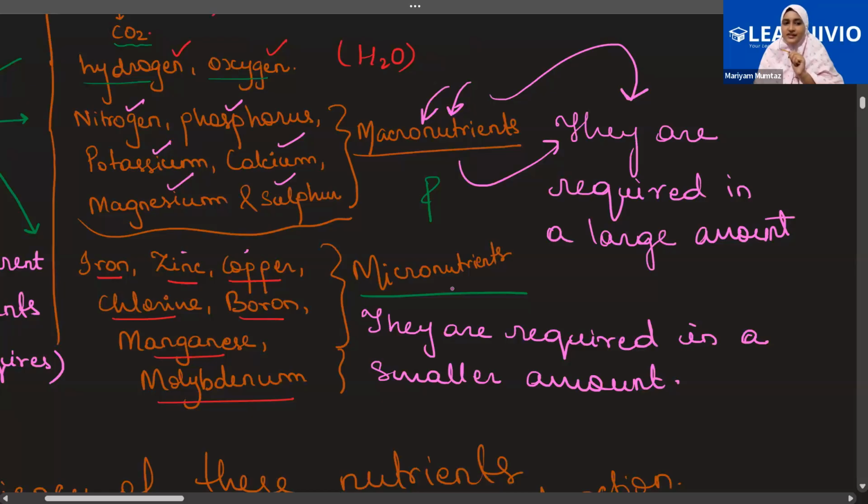Now let us see the examples. For macronutrients, there is nitrogen, phosphorus, potassium, calcium, magnesium, and sulfur. Do you know the symbols of all of the elements?